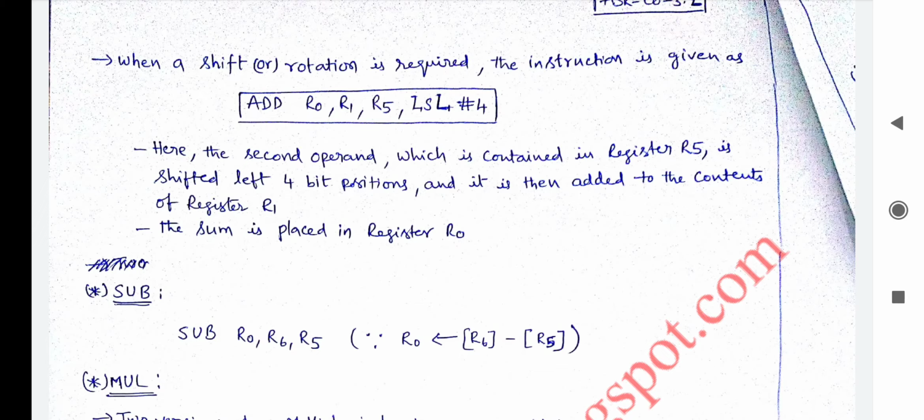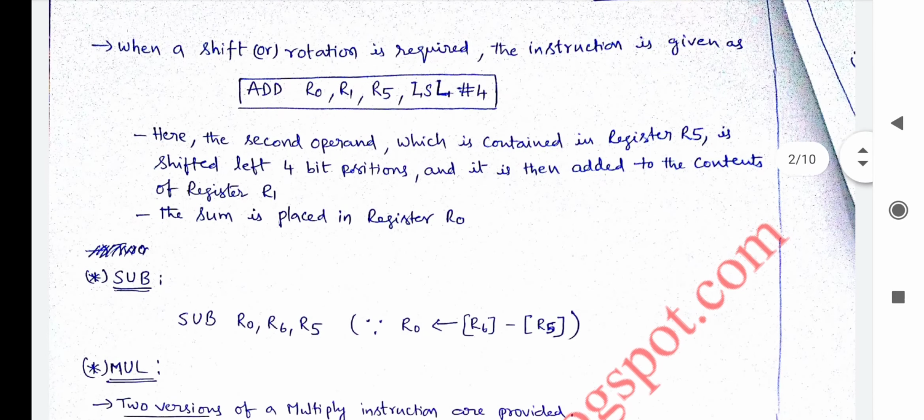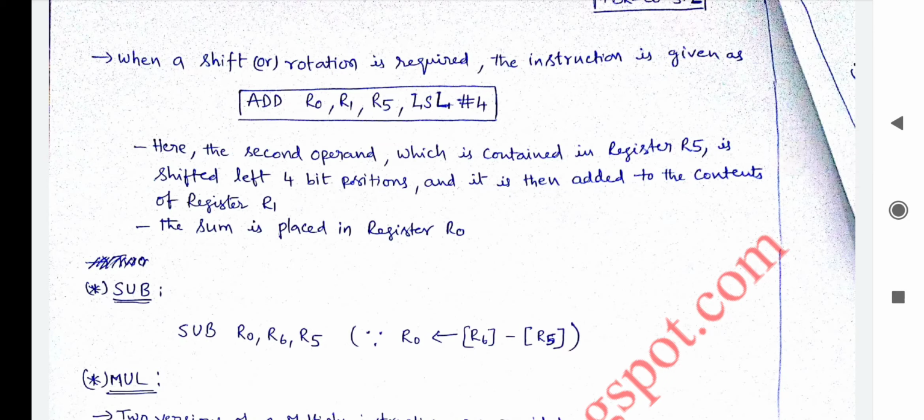Here the second operand which is contained in the register R5 is shifted left 4-bit positions, which means hash 4 means we need to shift 4-bit positions to left, and it is then added to the contents of register R1 and again store the result in R0. The sum is placed in the register R0.